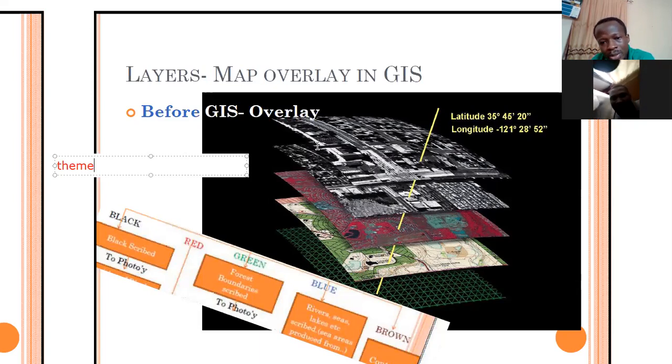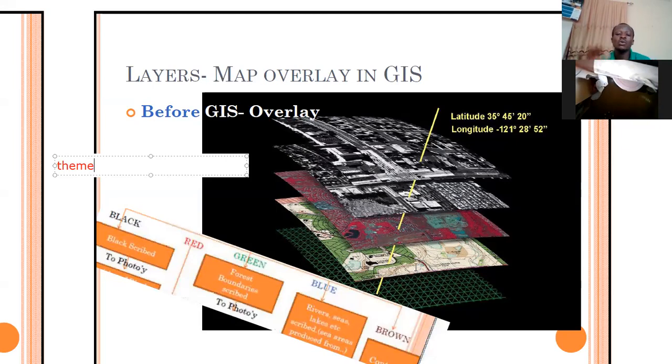So the diagram you are seeing here is a typical example. For example, the top layer is some kind of black and white imagery of the area. The next one is another layer, that could be soil type or something. The third one could be something on vegetation. And the last one could be some kind of 1950 map, which we have georeferenced.